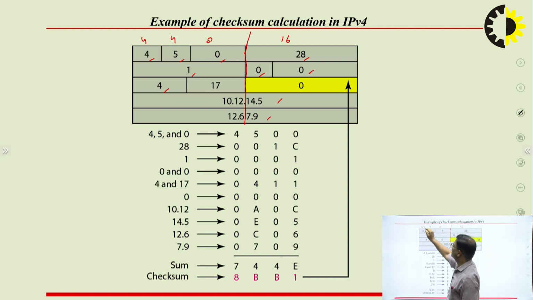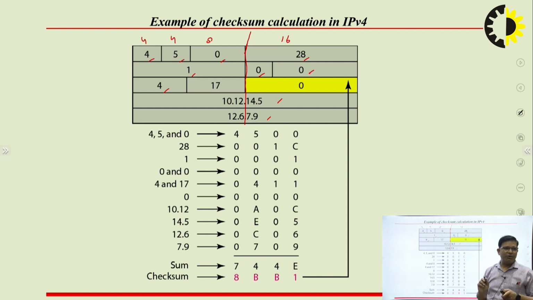So these are the 16-bit words, 4500, because this 0 is 00. Again 28. 28 is a decimal number, so we have to convert it into hexadecimal code. So 28 is equal to 0010 in hex code.